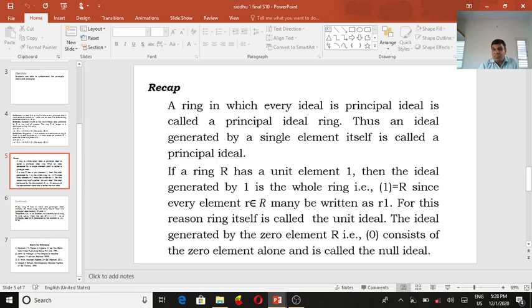Every ideal need not be principal. Thus, an ideal generated by a single element is called a principal ideal.